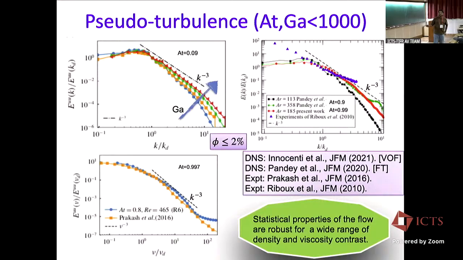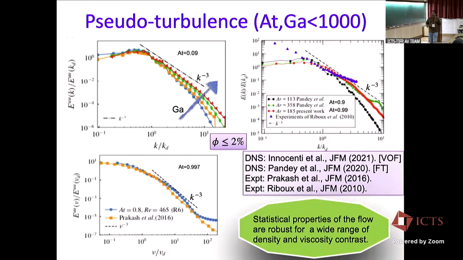As you go on increasing the Reynolds number, it looks like the power law is getting less steep, and you see something like k raised to minus 3. And indeed, if you look at experiments, here is the experimental data in orange, and the blue are our simulations. They also observed something like a minus 3 slope, and they called it pseudo turbulence.